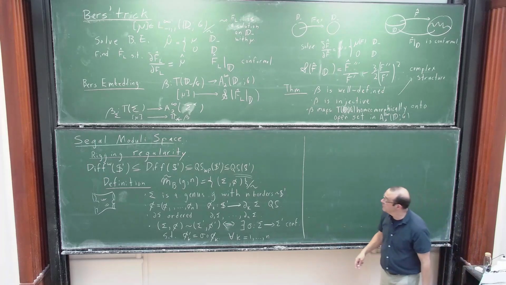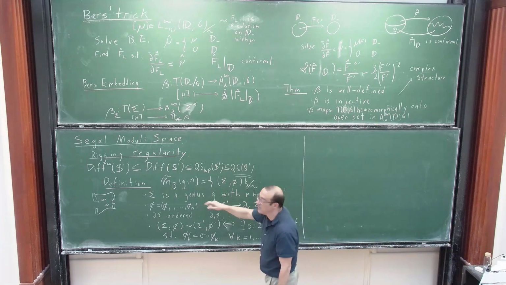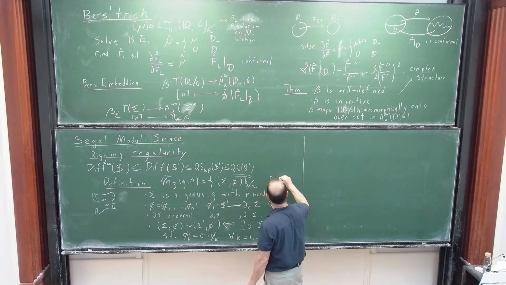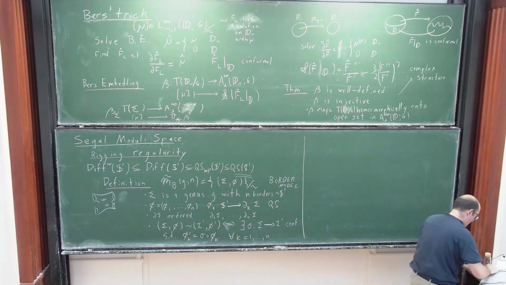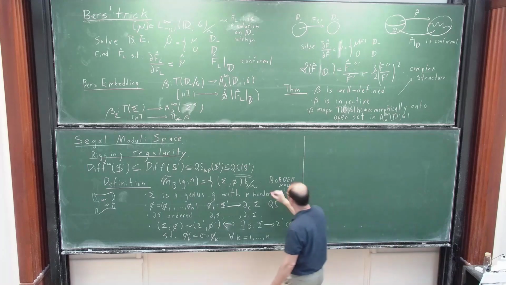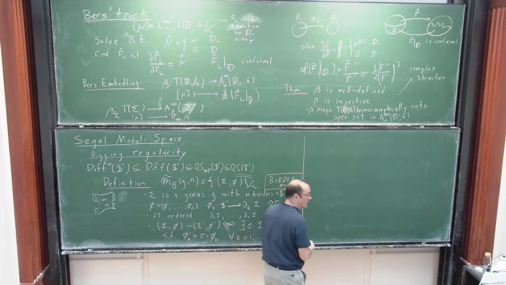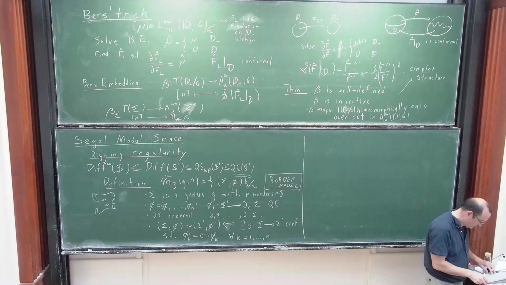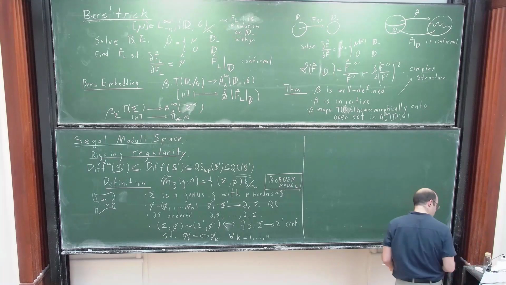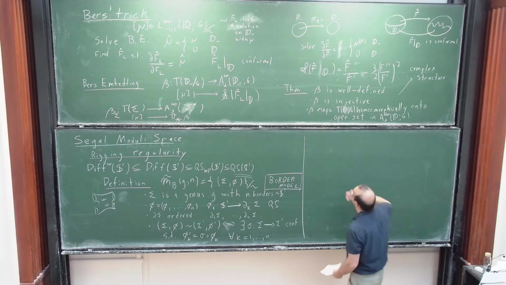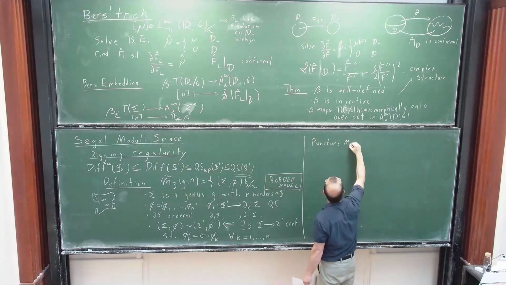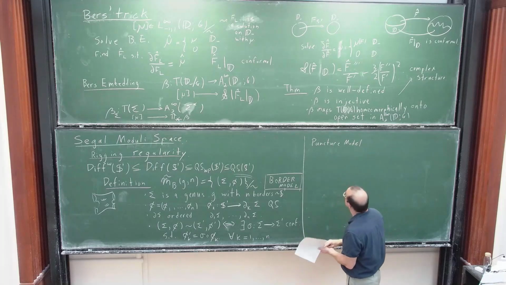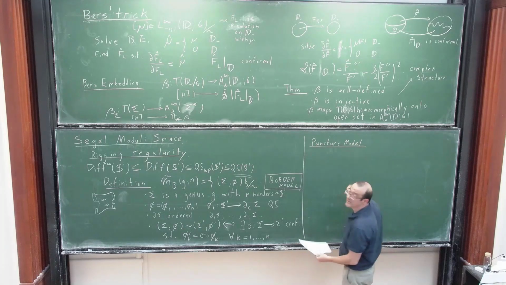B here stands for the border model, and then there's the equivalent puncture model. I have to do a little bit of preamble before I say the puncture model.